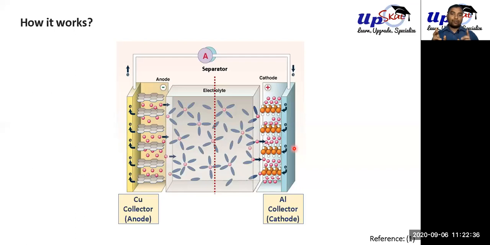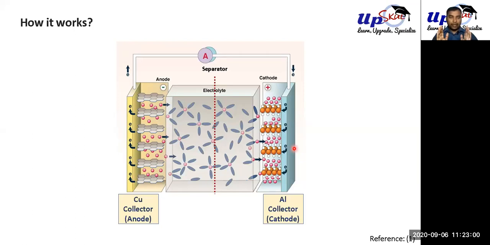Now we are going to go from right to left. On the cathode side we have an oxide material which actually has the lithium atoms in it, suppose lithium cobalt oxide, something like that.